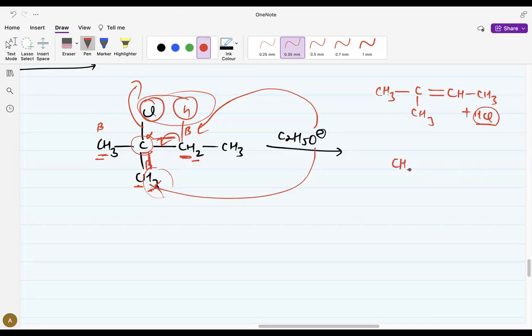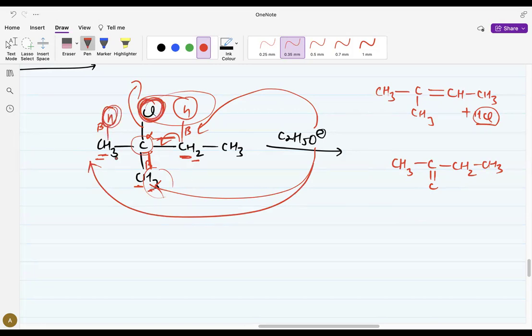देखें, but if I remove this hydrogen, so this H and this Cl gone, elimination, 1 2 elimination, beta elimination.